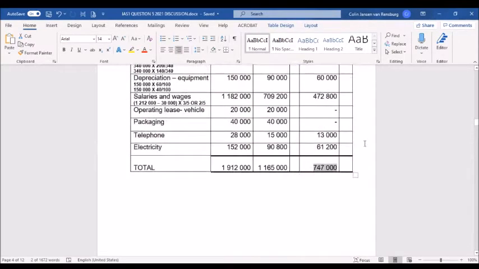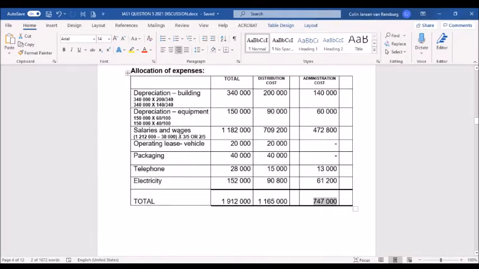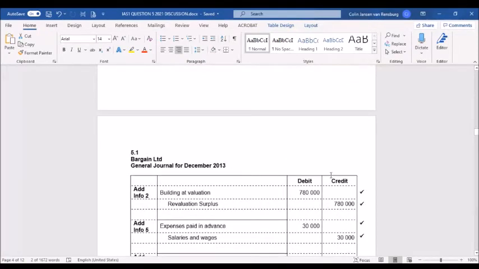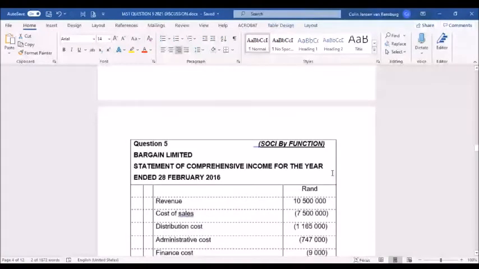Remember those figures have already taken into account any adjustments that we made with our journal entries, right? So we made the adjustments that came from the journal entries before we did this allocation table. So those are already the adjusted figures. So we copy that 747,000 over to our statement of comprehensive income.